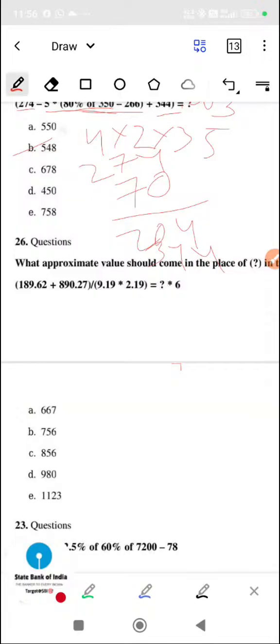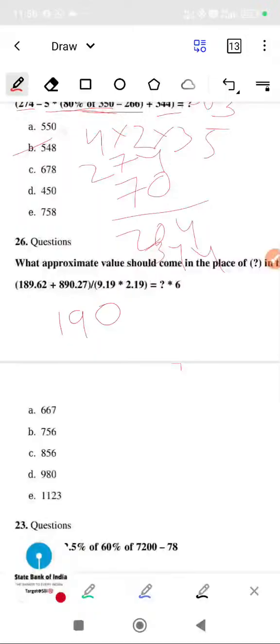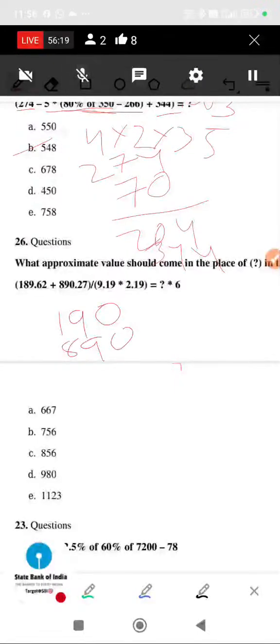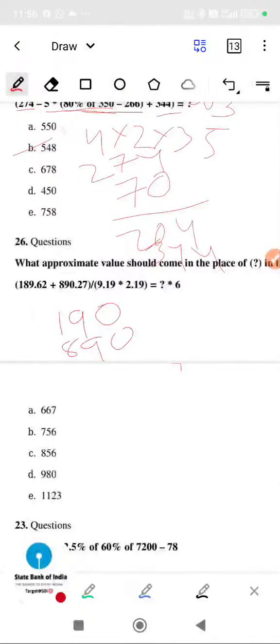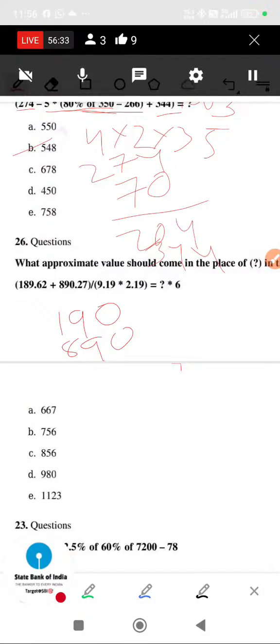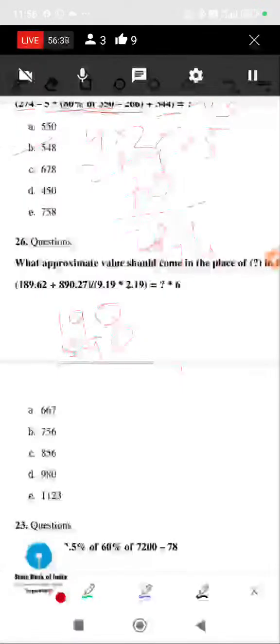Here instead of 189.62 we write 190, and 890.27 we write 890. This will be total, we get 1080.